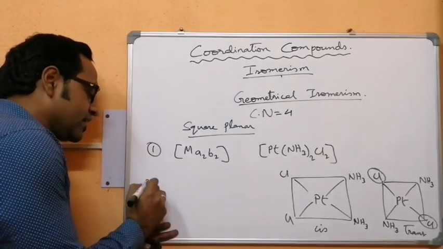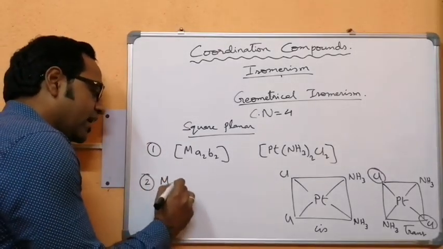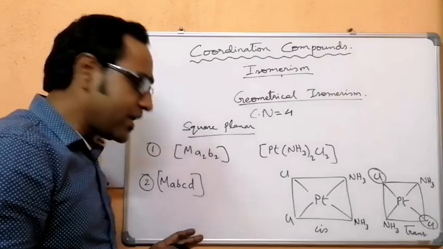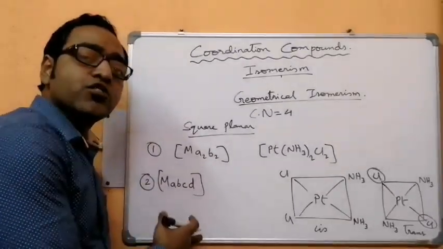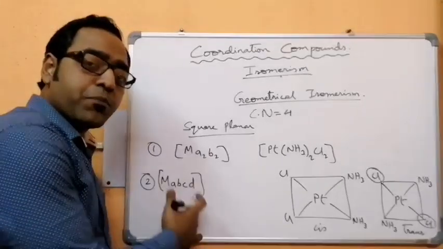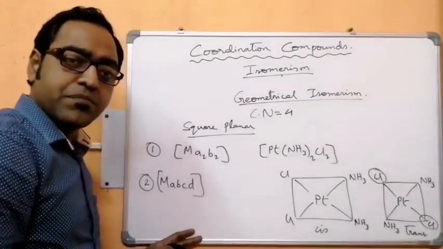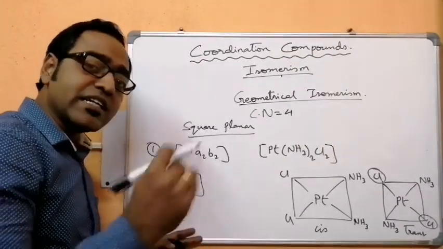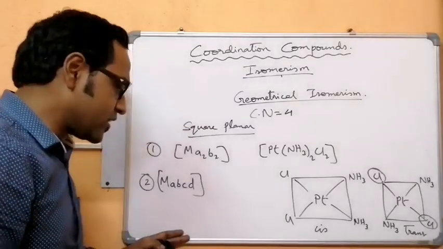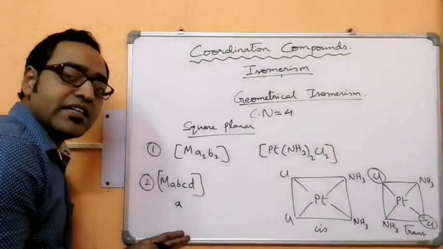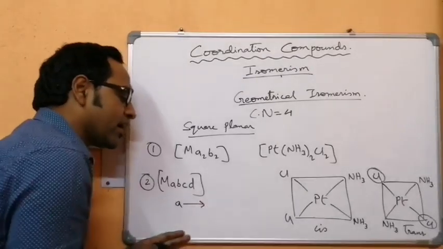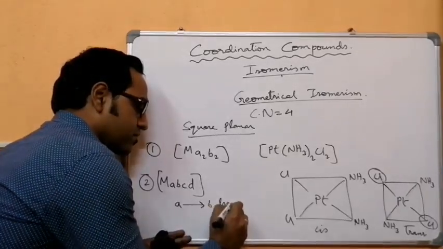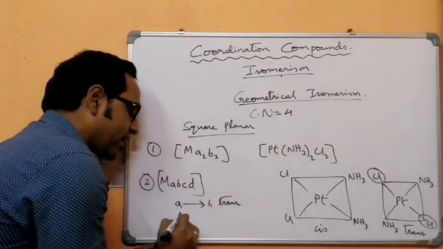Our second type is MABCD. Often in entrance exams like JEE Mains and NEET, you will find the question: how many geometrical isomers are possible for an MABCD type of complex? The easy way to find the number of geometrical isomers is to keep the ligand A fixed.